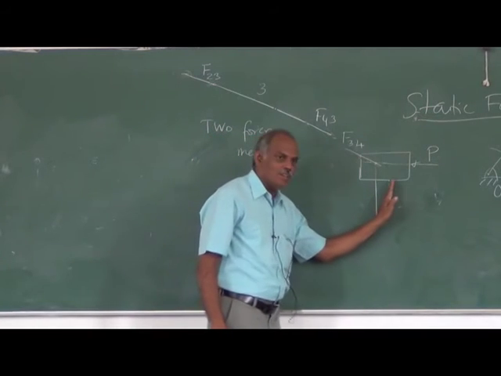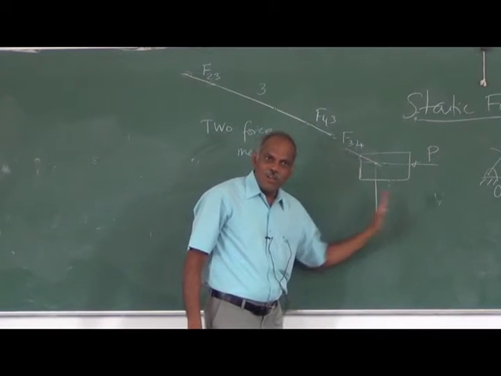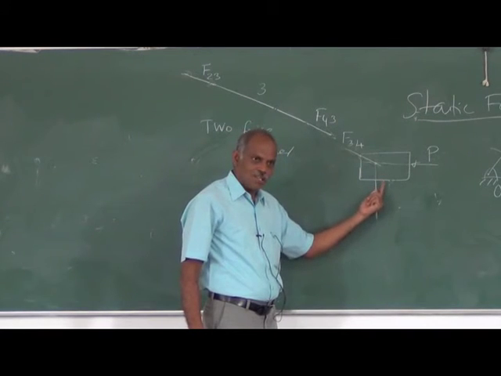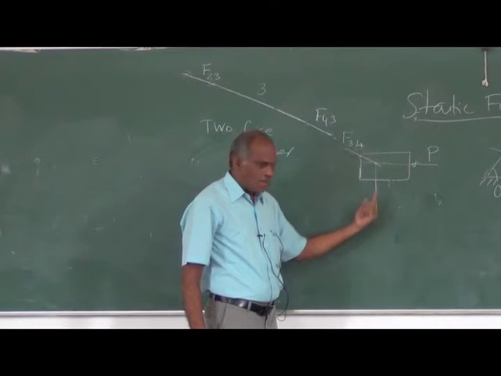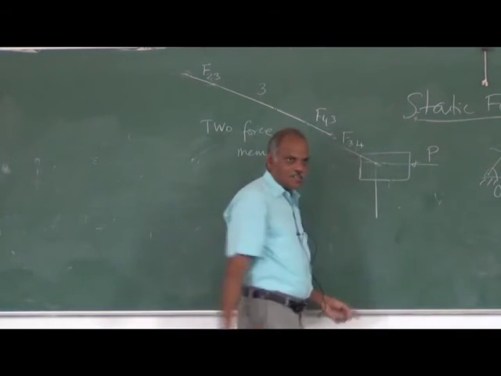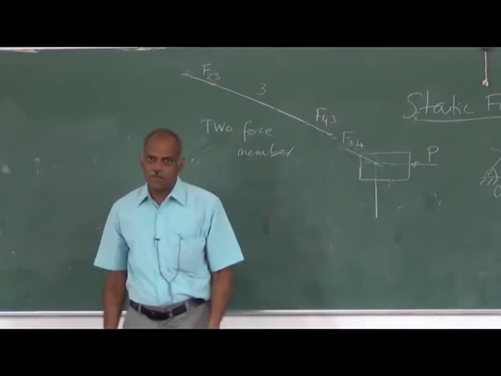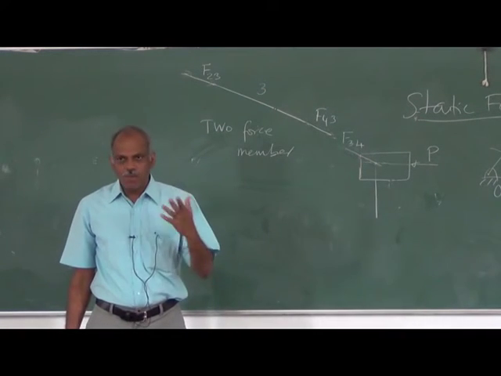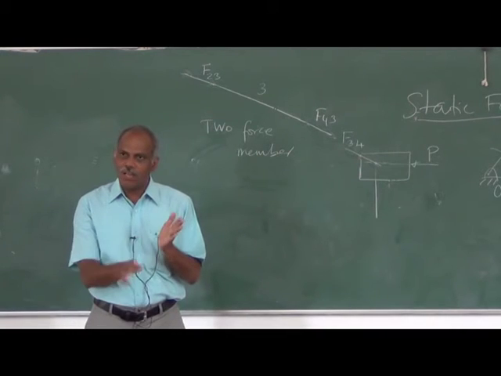I cannot draw it somewhere in the middle, but I must say that this is passing through the place where the other two are intersecting. So that condition is met. It must be planar. We are talking about a planar problem.